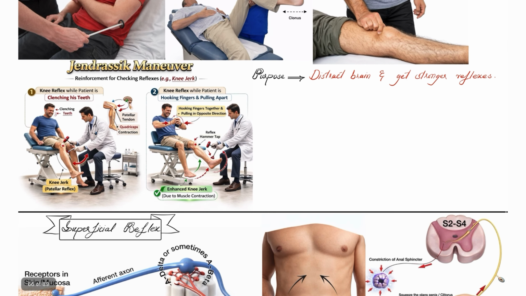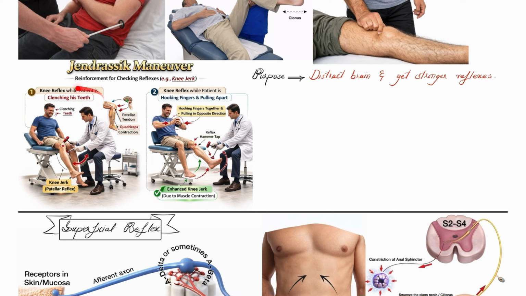If the deep tendon reflexes are not so prominent and obvious, then you can perform the Jendrassik maneuver. This is for the reinforcement of the reflexes. The purpose of this is to distract the brain and get stronger reflexes. You can perform the Jendrassik maneuver in two ways.